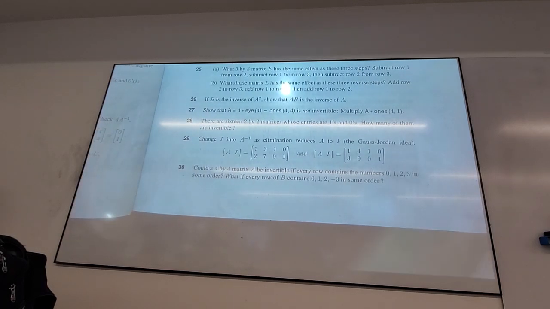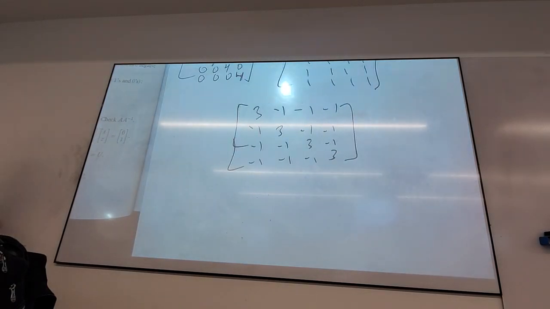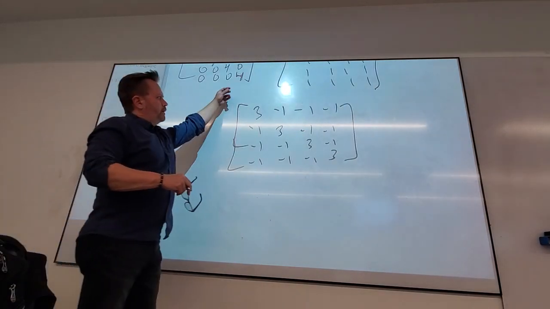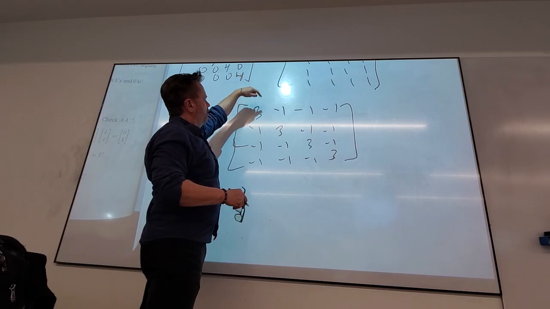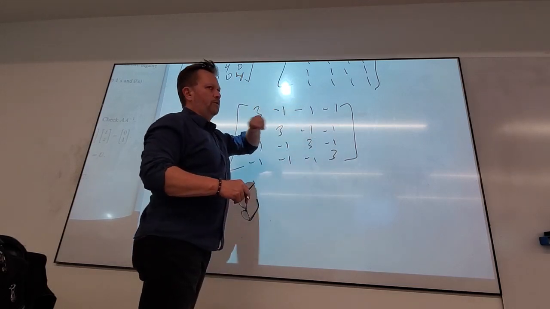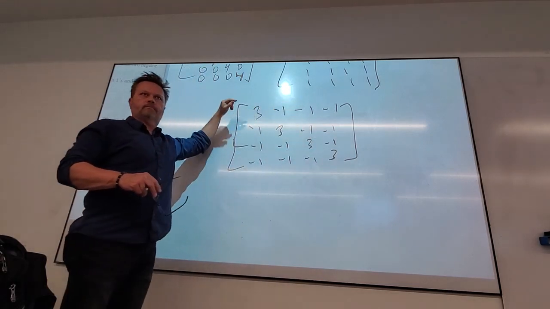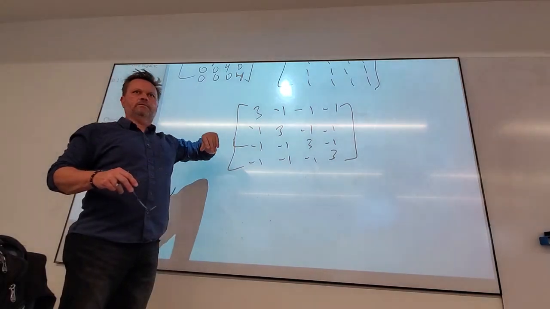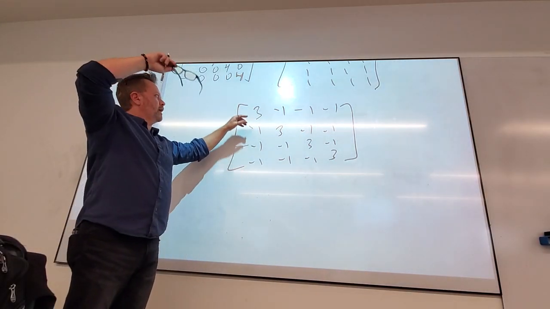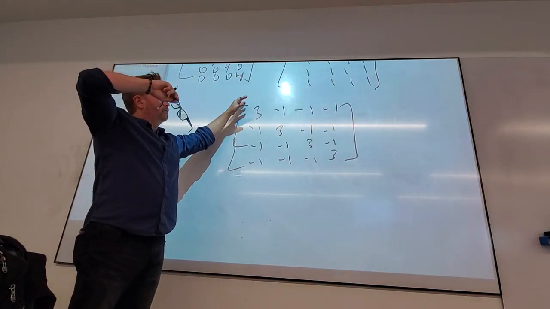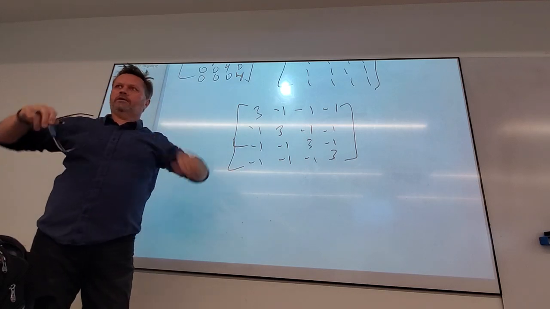Well, here, let me do this. Look at this real quick. It's kind of silly. What is column 1 plus column 2 plus column 3 plus column 4? 0. Yeah, it's all zeros, right? Okay. Which means that one of them is a combination of the other 3, right?